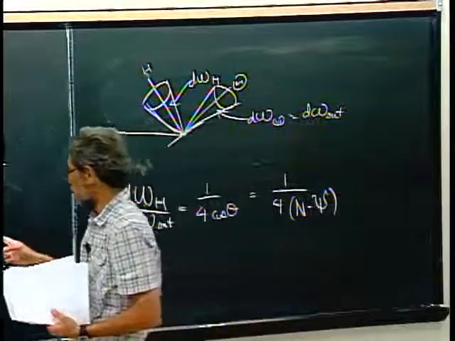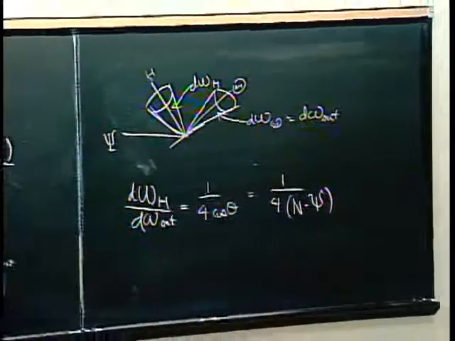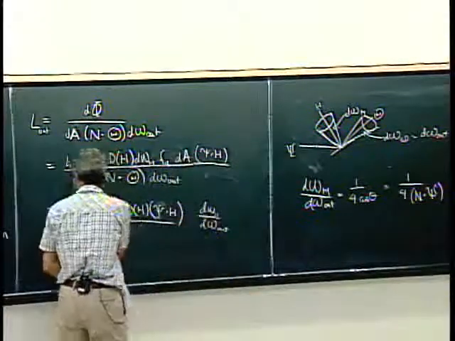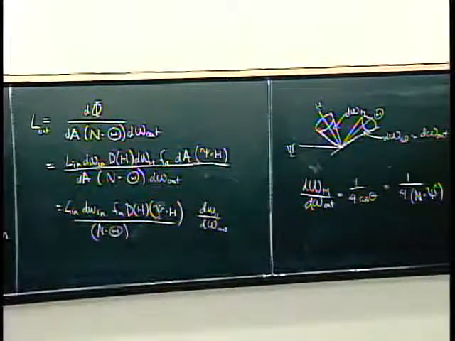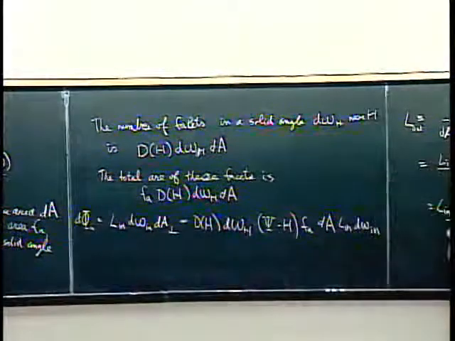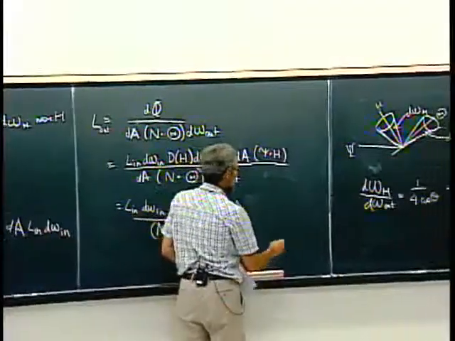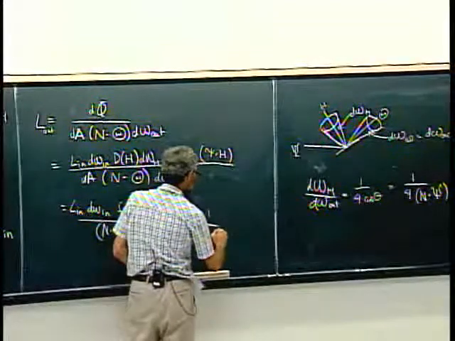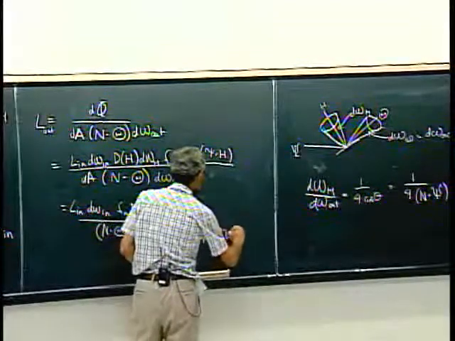So that means for this formula here, instead of rewriting all these terms, why don't I just replace that by 1 over 4 n dot psi.